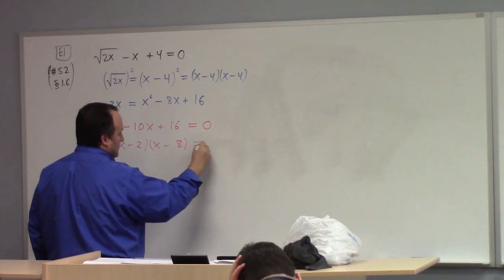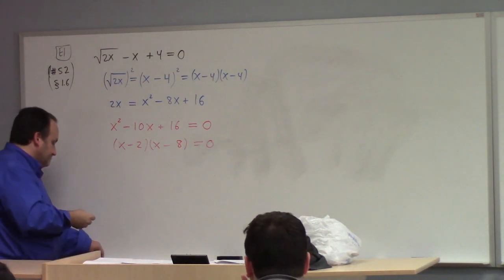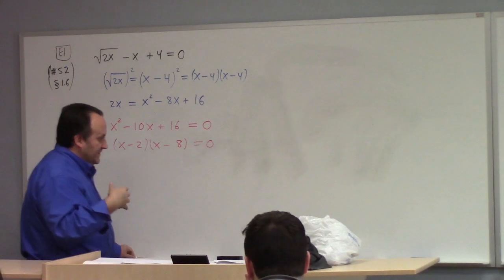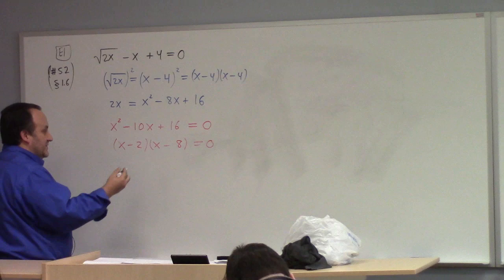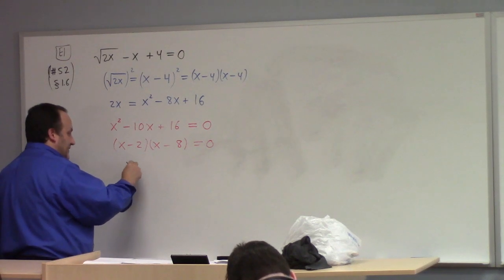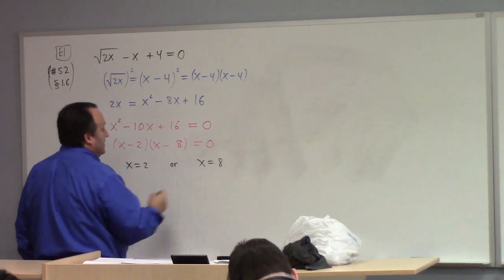I think that works. Very good. So what are my solutions then? And I should say potential solutions, because we'll need to check on whether or not they're actually honest-to-goodness solutions. So it looks like either x is equal to 2 or x is equal to 8, right?